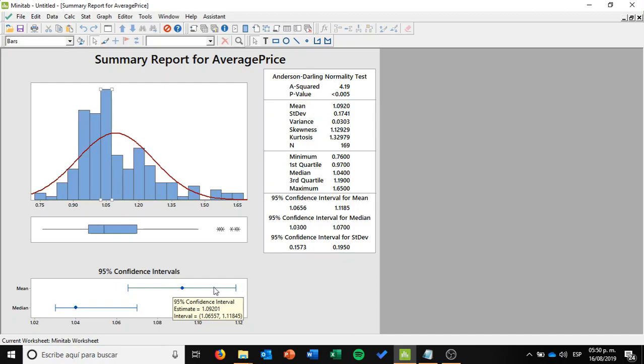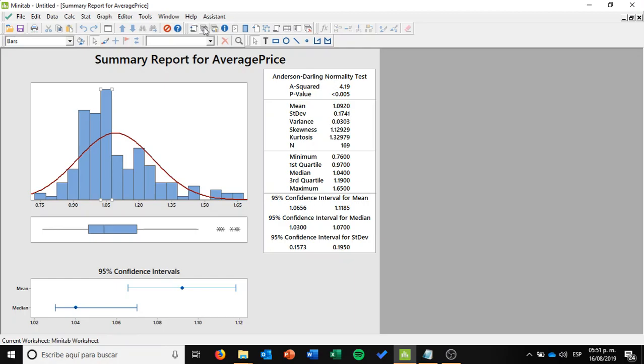That is from $1.06 per avocado to $1.12 per avocado. However, the median, look at what's happening with this confidence interval, is much smaller, and that's why we're going to compare all the values with respect to the median. So let's do it.